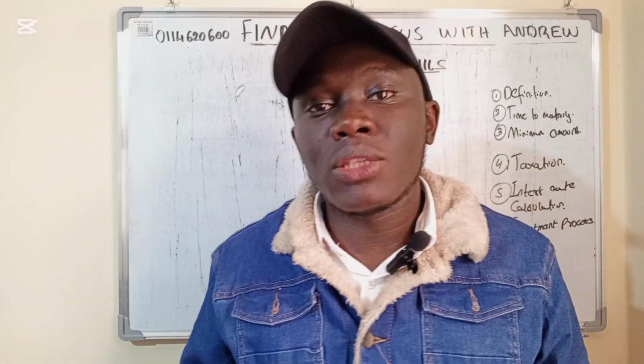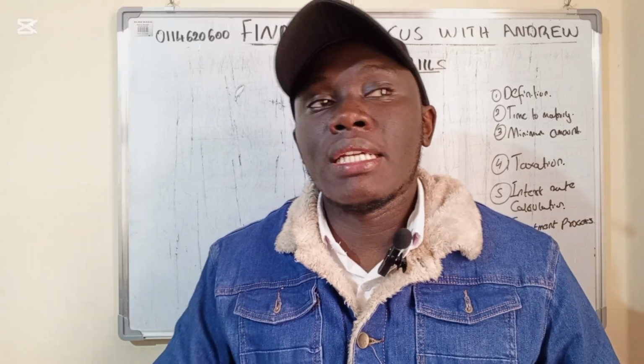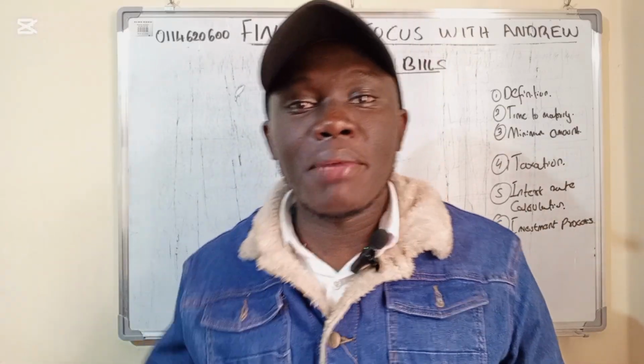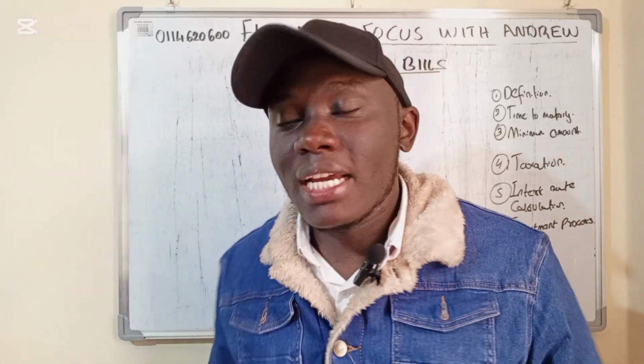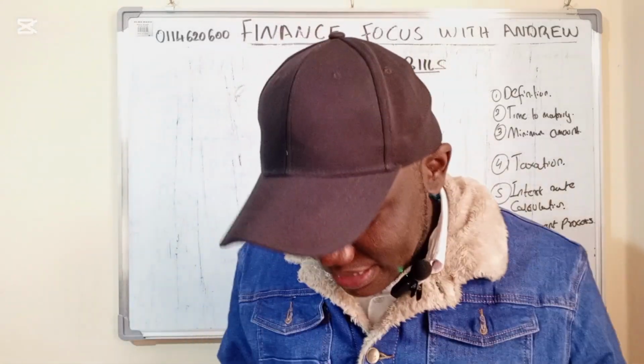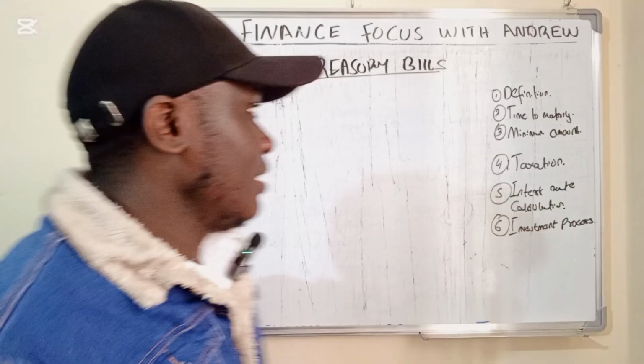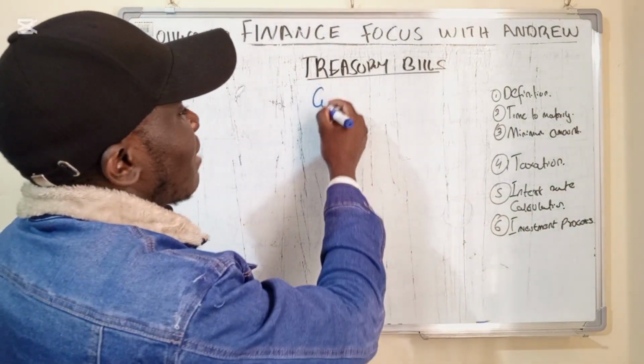As long as you are in Kenya, you will not go past one week without hearing someone talk about debt. That is the debt taken by the Kenyan government. Maybe in the news, maybe in the newspapers, maybe on social media, you are likely to hear someone talk about government debt.